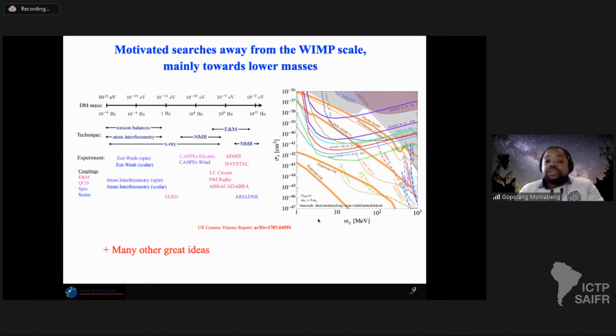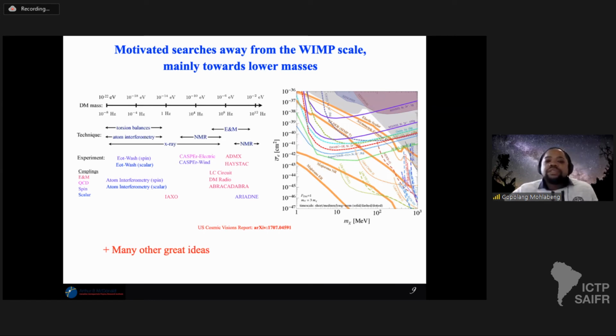This also coincides with the type of mechanisms that people have come up with that can reconcile with these kinds of low mass dark matter experiments, and the tabletop experiments that people are coming up with to search for other lower mass targets. And there are many other great ideas that people have been looking at.